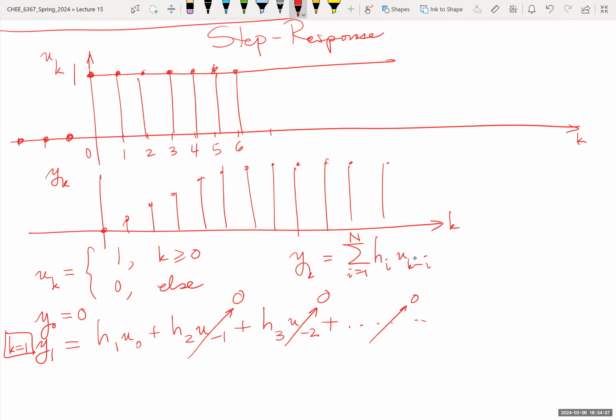All the way here. So the final result is this is 1, so this is h1.